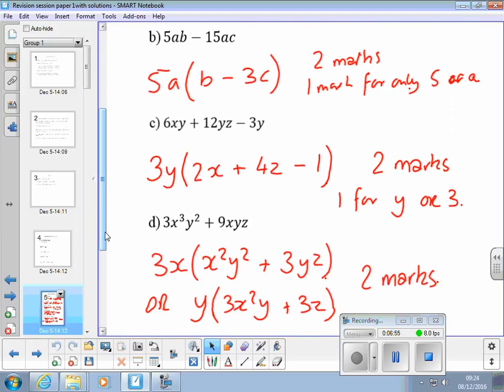Any other combinations before we move on? Third one, 3y outside the bracket, 2x plus 4z minus 1 inside. Again, 1 mark if you only take out the common factor of 3 or the common factor of y. Dom? 3xy, which is common in both.